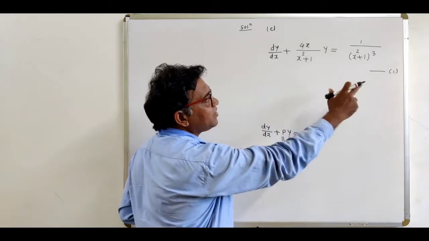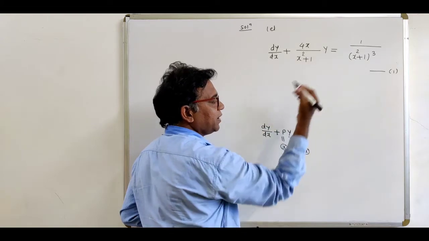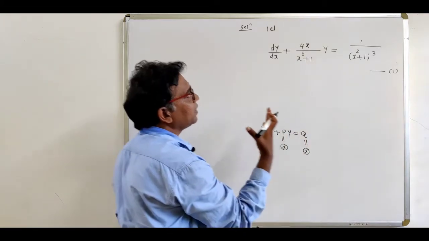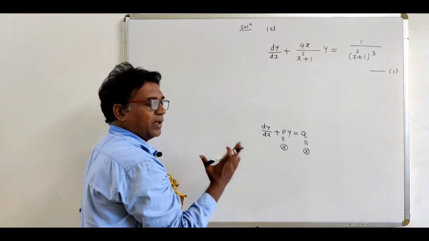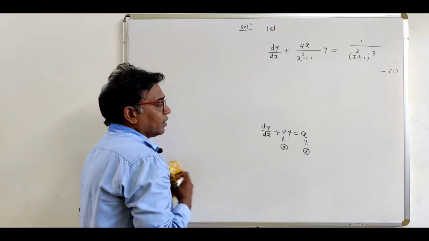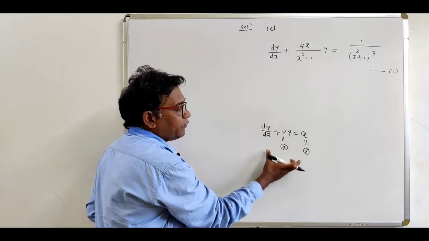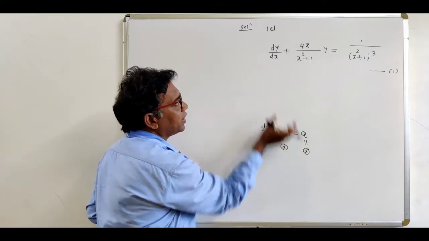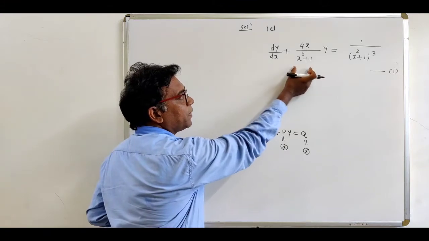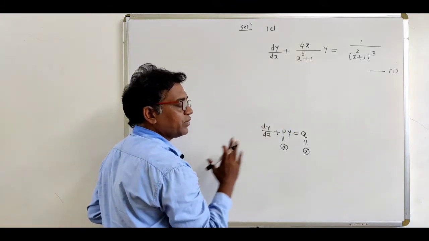Obviously, this differential equation contains just a single y, so this may be a linear differential equation. This is the definition: a differential equation of the form dy by dx plus p into y equal to q is called a linear differential equation.